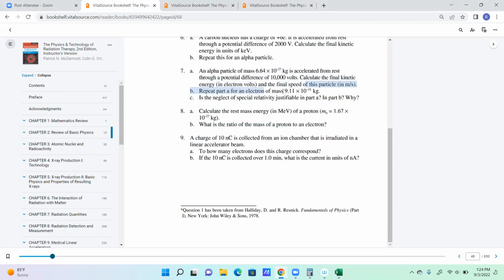Repeat part A for the electron. Basically, you're going to be going through the same thing. When you find the number of electron volts, your charge here is for the electron, so it's just going to be 1 electron times, in this case, again, 10,000 volts.